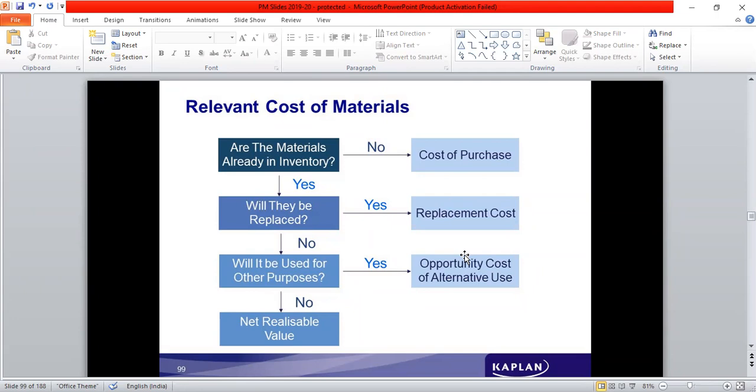See, net realizable value: if they are not utilizing it for some other purpose, when they sell that, how much is the net realizable value? That has to be looked into. So like this, at every step, every stage, what is the decision which is involved and how decisions have to be taken about their relevance, this is one example.